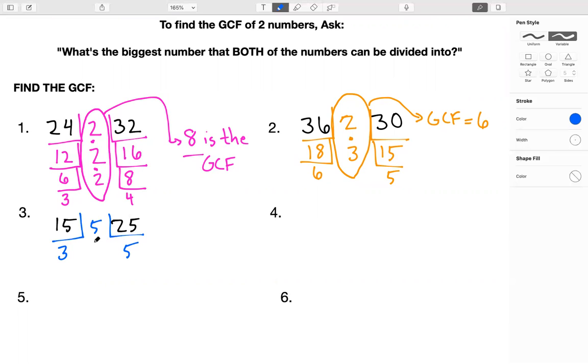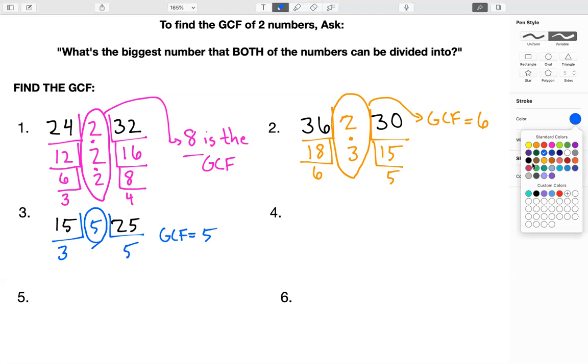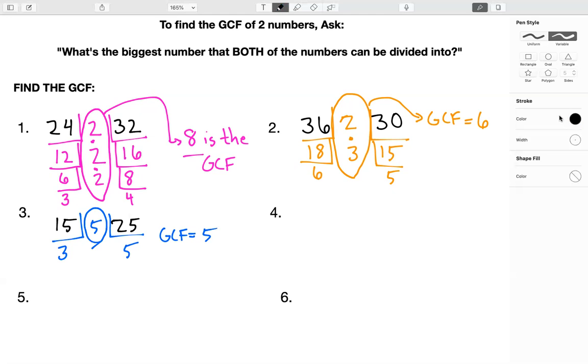So that's as far as we can go. Therefore, the middle number right here is our GCF. GCF equals 5. This is a pretty good method. I like this. It works, but eventually, like I was saying, I'd like you to be able to do it in your head. One more, 23 and 17.